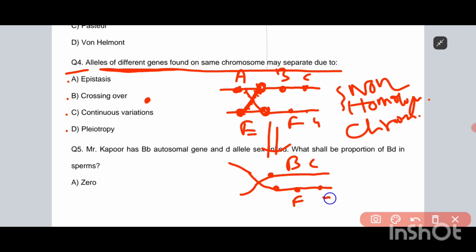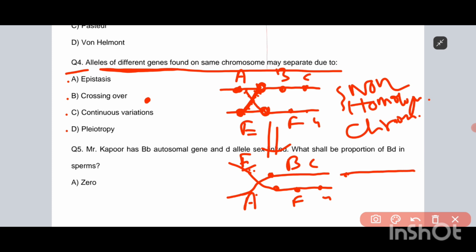F, G. Here the terminal ends of these two homologous chromosomes cross with each other. So here the E allele goes, and here the A allele goes, and now this E part and A part join with the other part of the homologous chromosome.